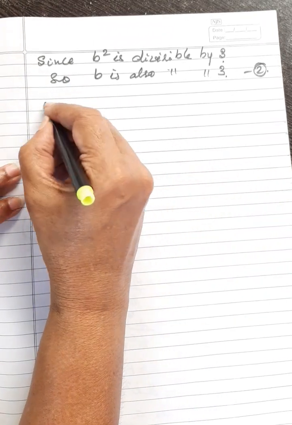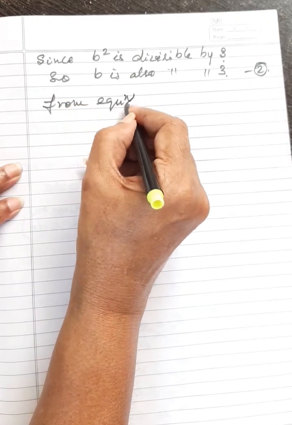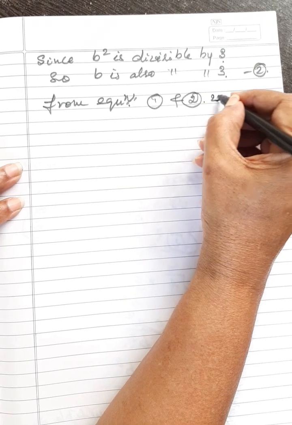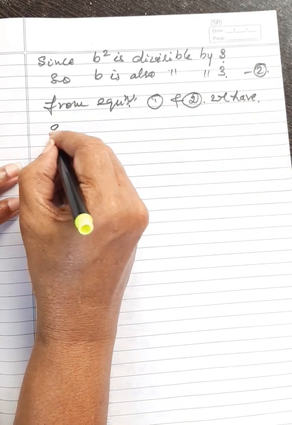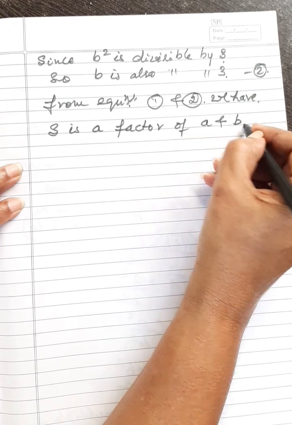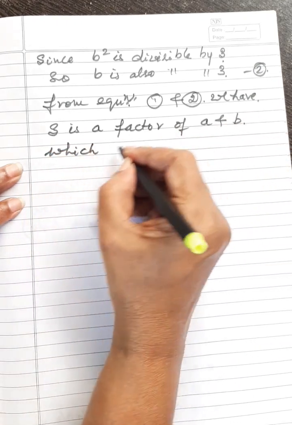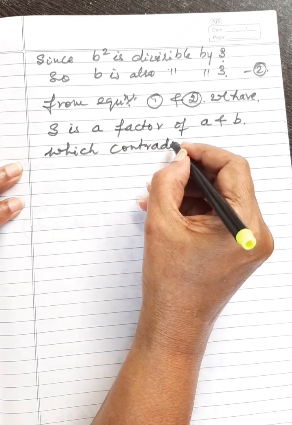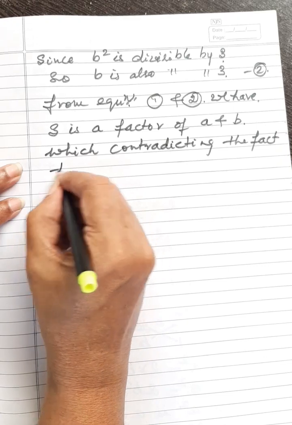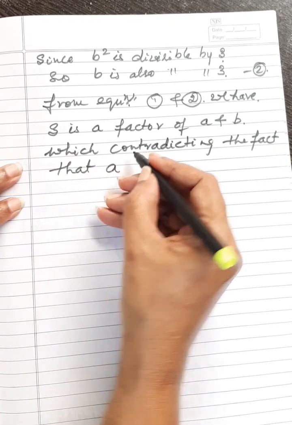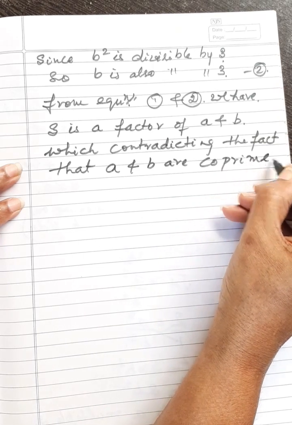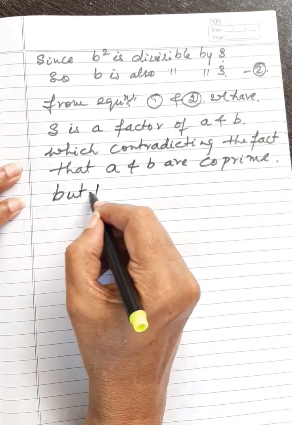See correctly, from the first and second equations, we have 3 is a factor of A and B, which contradicts the fact that A and B are co-prime.